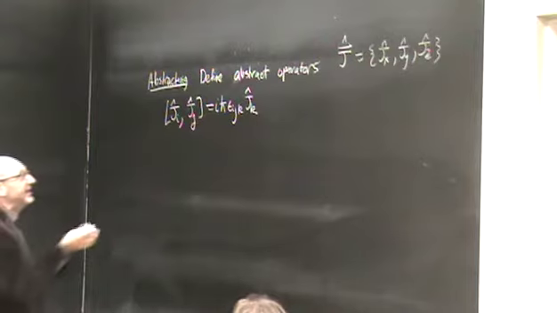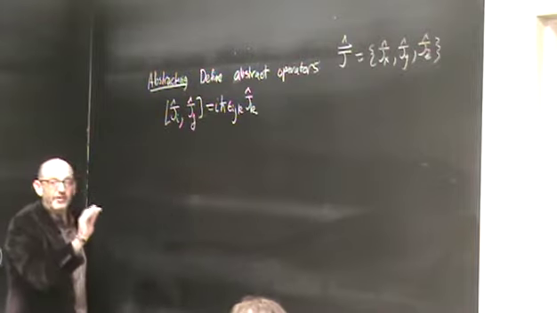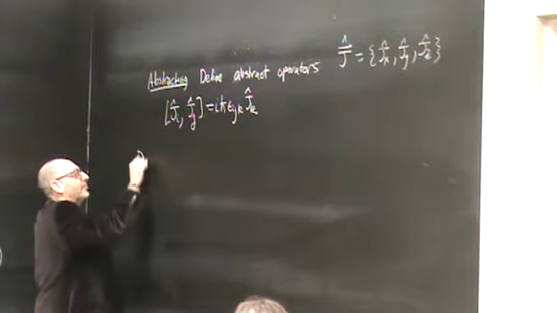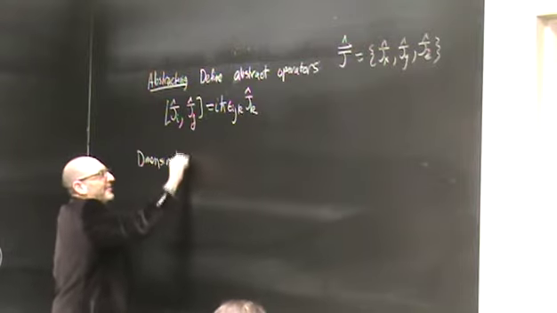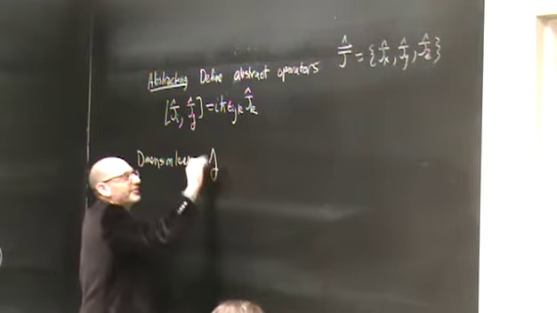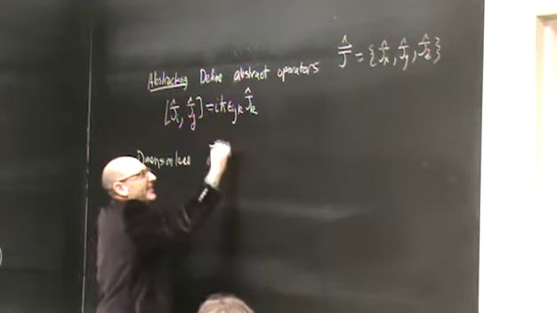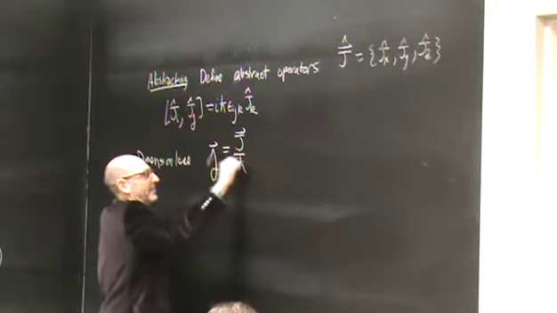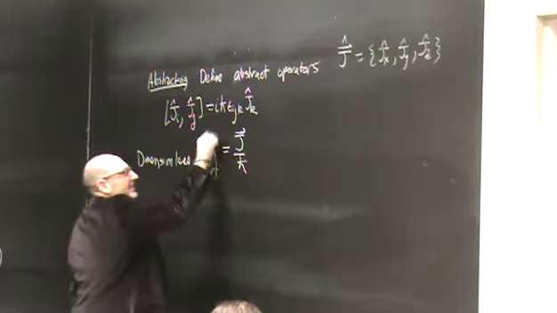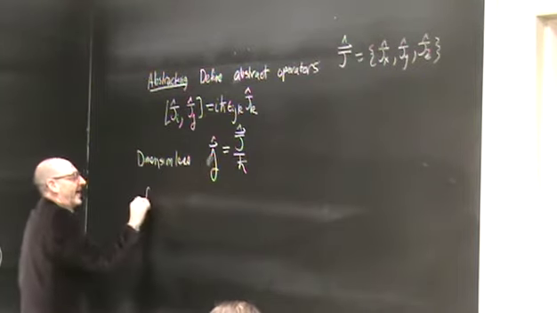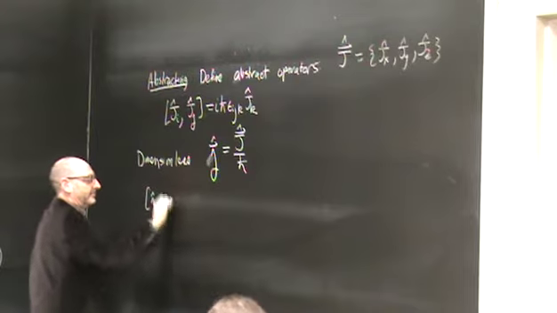And so I'm going to get rid of the h bars by defining dimensionless operators. Now this is going to be the opposite convention, but whatever. I'm going to call the small letter ones the big letter ones divided by h bar, so that we don't have to carry around all those h bars.